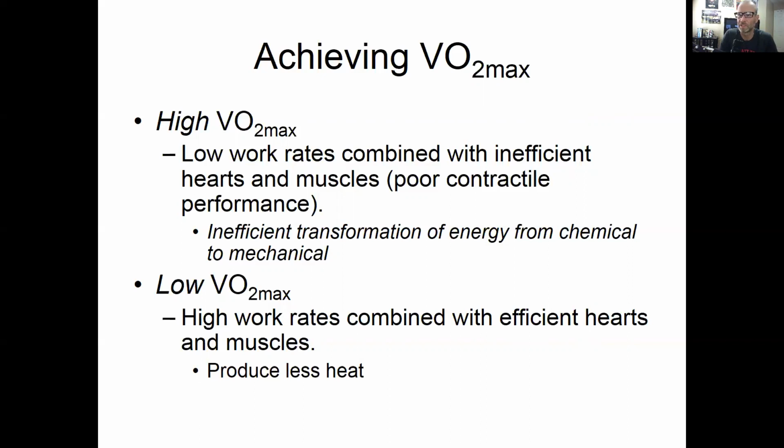That speaks to coordination, as well as how each individual muscle generates force. All right. So this slide really explains how you can have similar performances but different VO2 maxes, or similar VO2 maxes and different performances. And it has to do with how efficient the heart and muscles are at generating force.